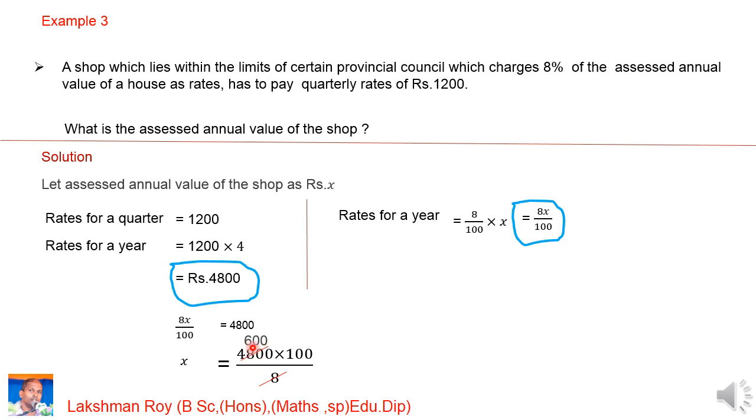So then 600 multiplied by 100, you get 60,000 rupees. So x is 60,000 rupees. I took x as the assessed annual value. That means the assessed annual value of the shop is 60,000. So a different question, an easy method. So let's follow it.